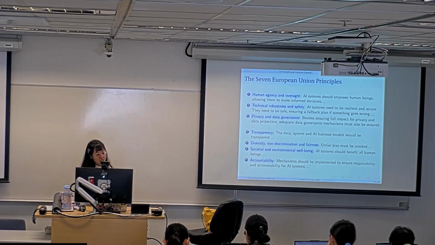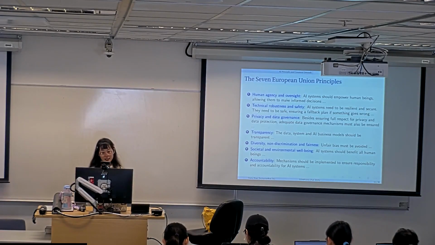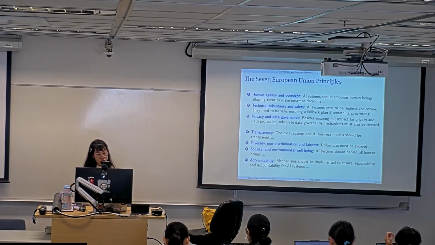Thirdly, privacy and data governance, also very important for every user. Besides ensuring full respect for privacy and data protection, ethical data governance mechanisms must also be ensured. Fourth, transparency. The data system and AI business model should be transparent to the public.